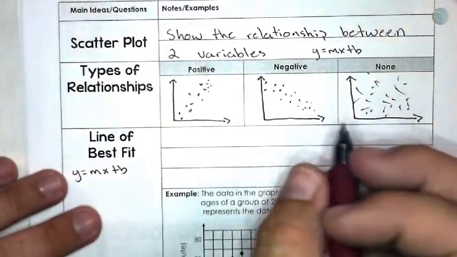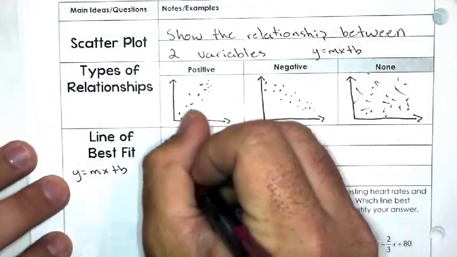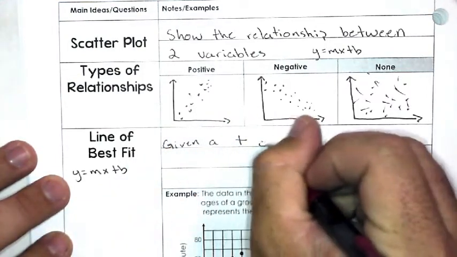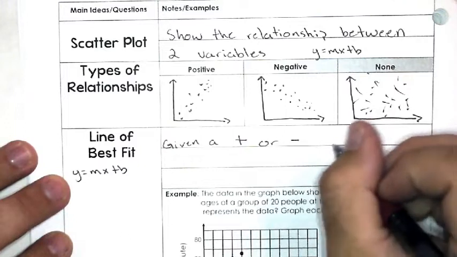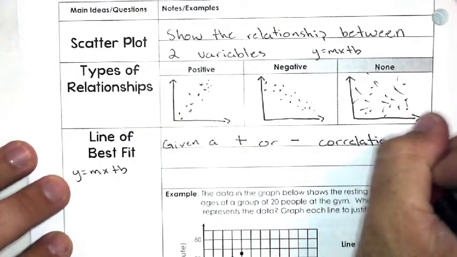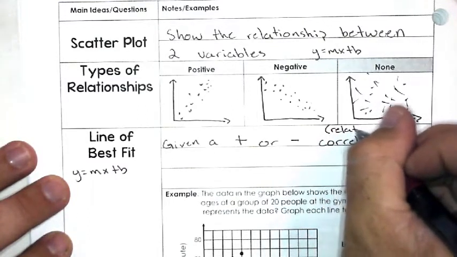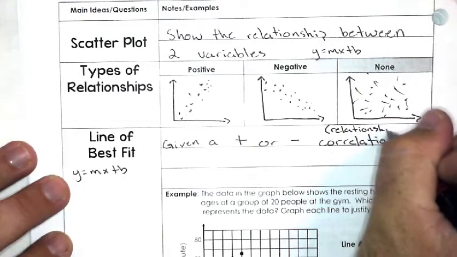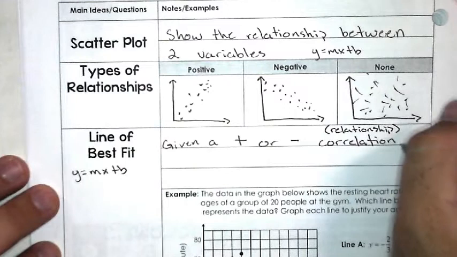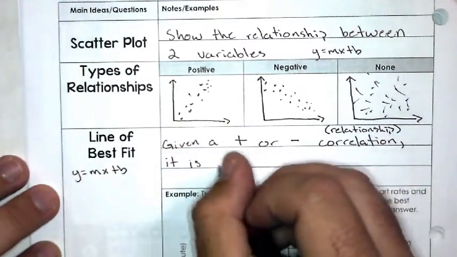Okay? Now, the definition for line of best fit is, given a positive or negative correlation, it is possible to write a prediction equation. Correlation is a synonym for the word relationship. Okay, synonyms, English.